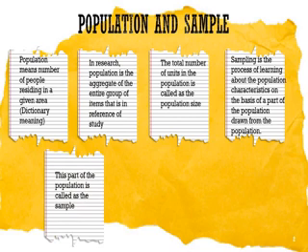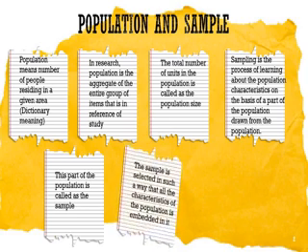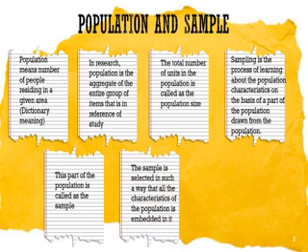This part which we consider from the population is called the sample. But remember, the sample may not be just any part of the population. What we want to do is to make the sample a representative part of the population. The sample is selected in such a way that all the characteristics of the population are embedded in it.